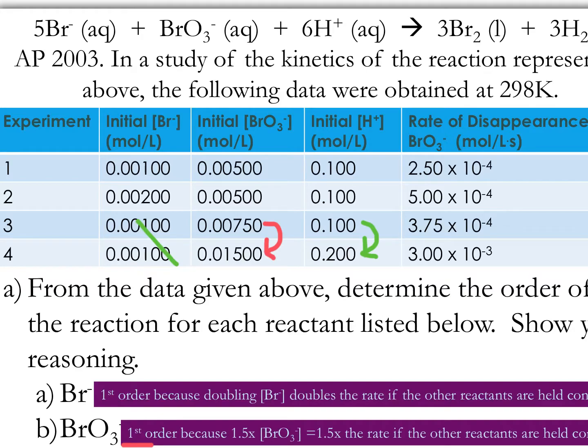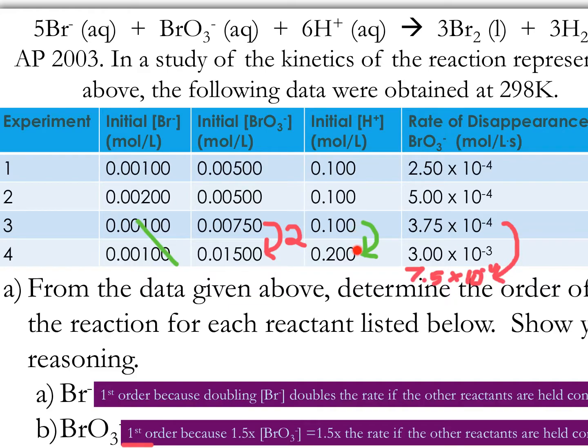And because it's first order, we can take into account the effect caused by bromite first. So bromite was multiplied by 2 here, which means the rate should have been multiplied by 2 just from the bromite. Before anything else happened, the bromite would have multiplied the rate by 2, which would be 3.75 times 10 to the negative 4 times 2, which is 7.5 times 10 to the negative 4.